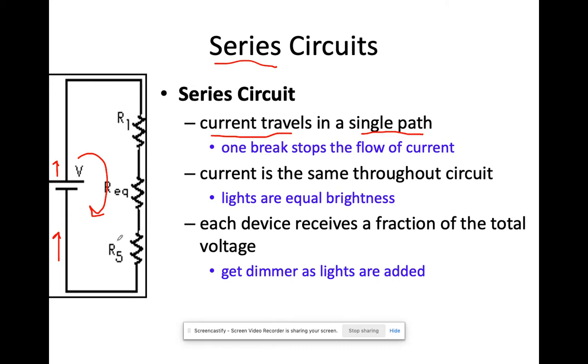Everything in the river is going to have the same brightness, so every light would have the same brightness, and each device receives a fraction of the total push, because as you push through this one, you're going to lose a little push, and then through this one, you lose a little push. There's going to be a large draw on that, so you need a big push of energy to keep that going. So a series circuit: one way through.